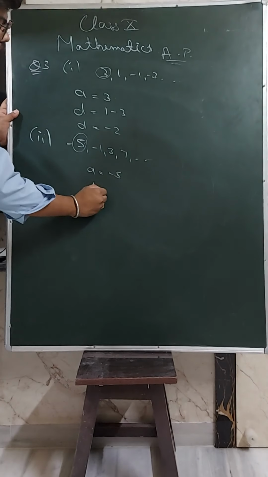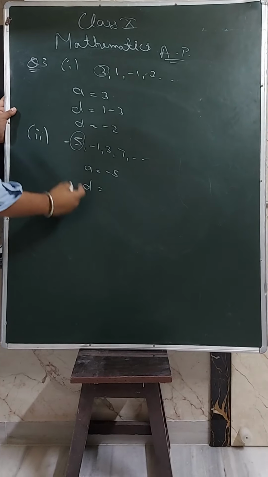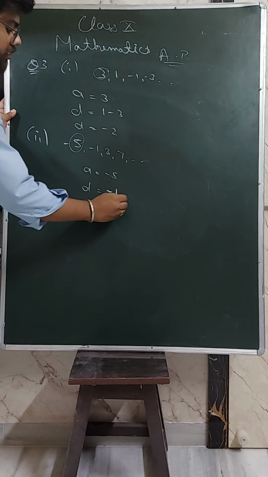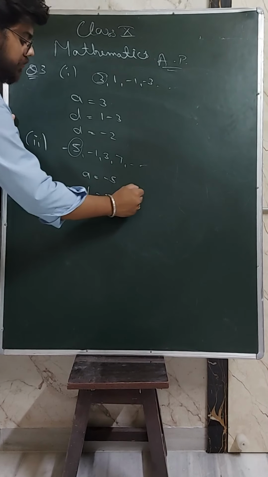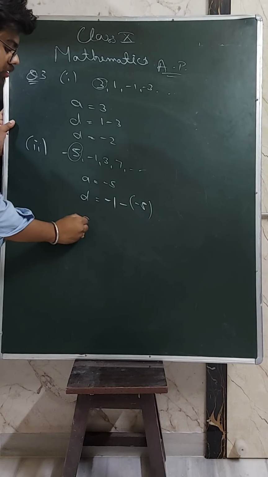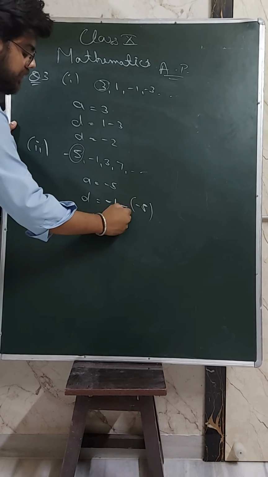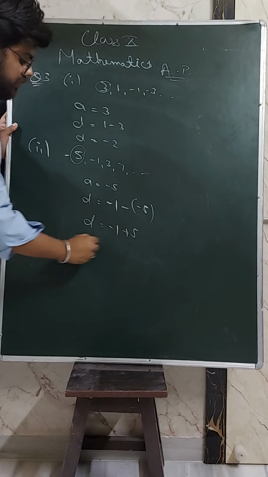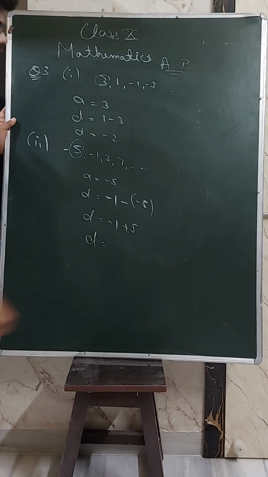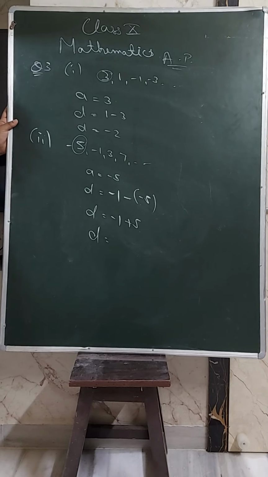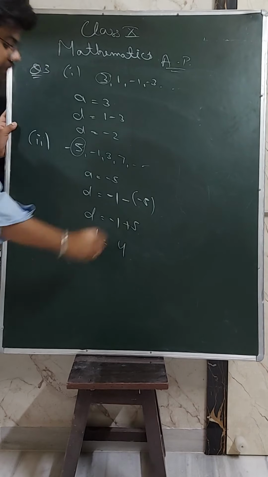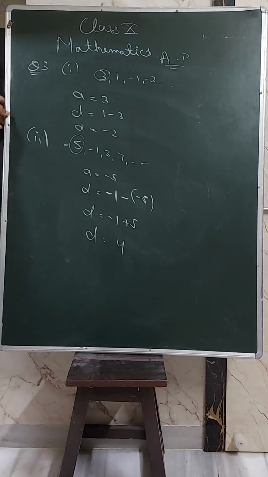Now how can we find d? Second term minus first term. So -1 minus -5, and minus becomes plus, so -1 plus 5 is equal to 4. So this is the answer.